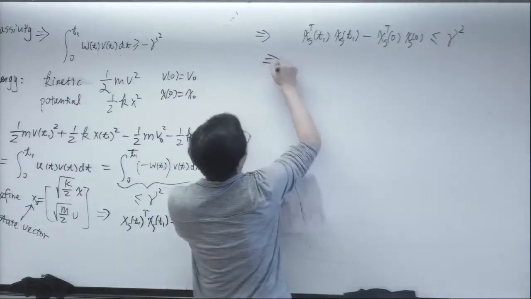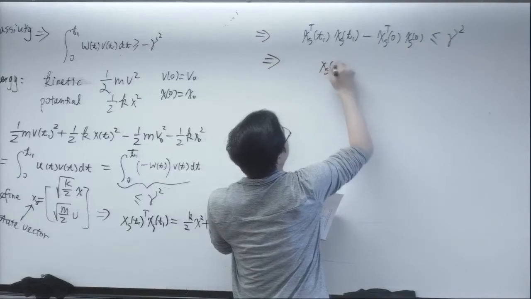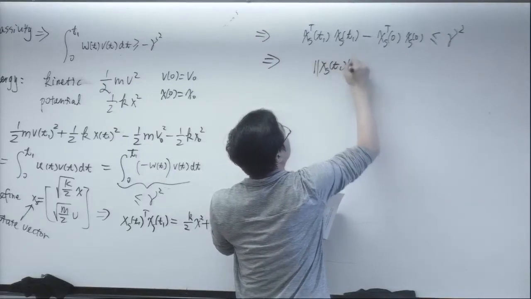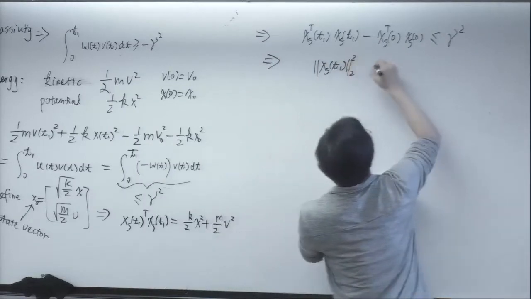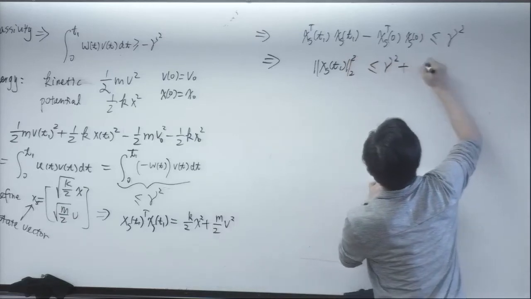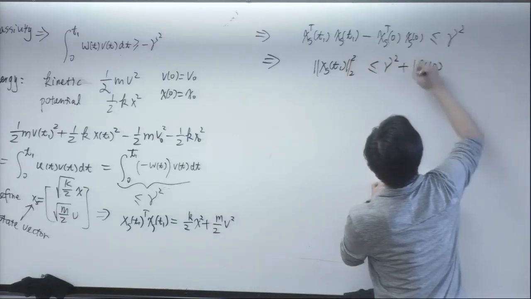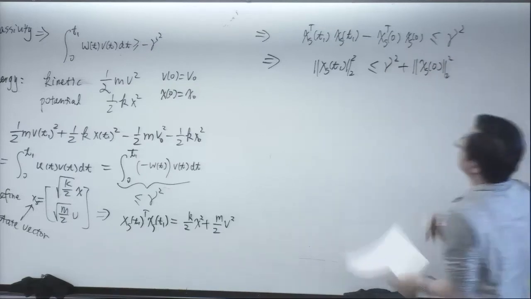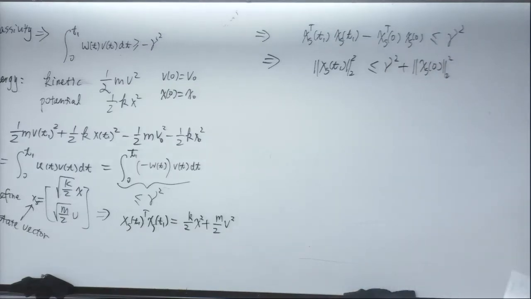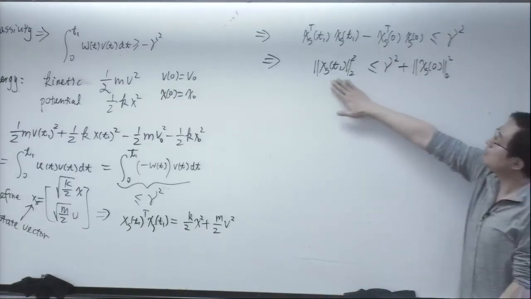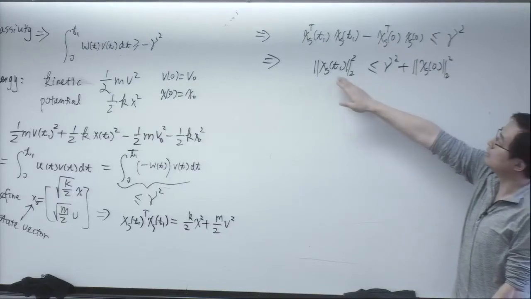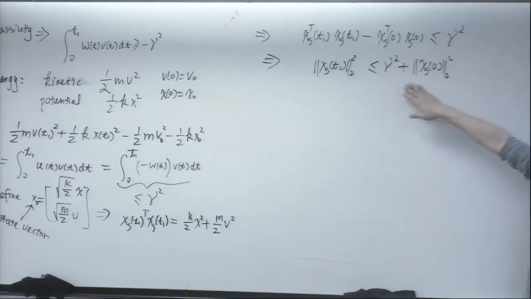And we can write it slightly more compactly using the norm notations. The 2 norm of the state vector at a given time t1 will be guaranteed to be upper bounded by something that depends on the initial condition plus some positive terms.